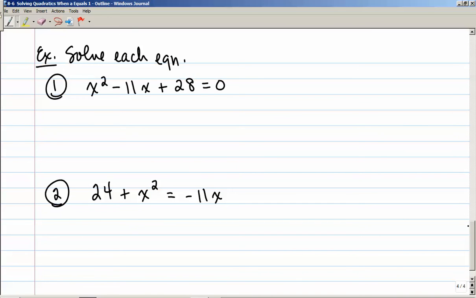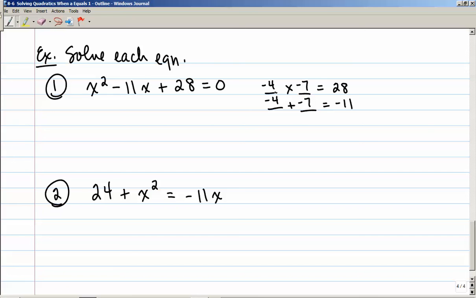First example, x squared minus 11x plus 28 equals 0. So the first thing I need to do is factor this. I need to find two numbers that multiply to 28, and then the same two numbers have to add up to 11. So I'm thinking the numbers I'm going to have are like a negative 4 and a negative 7.